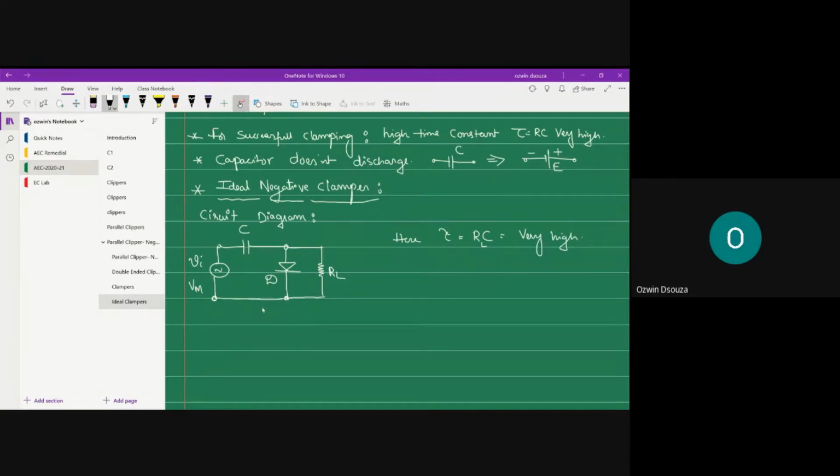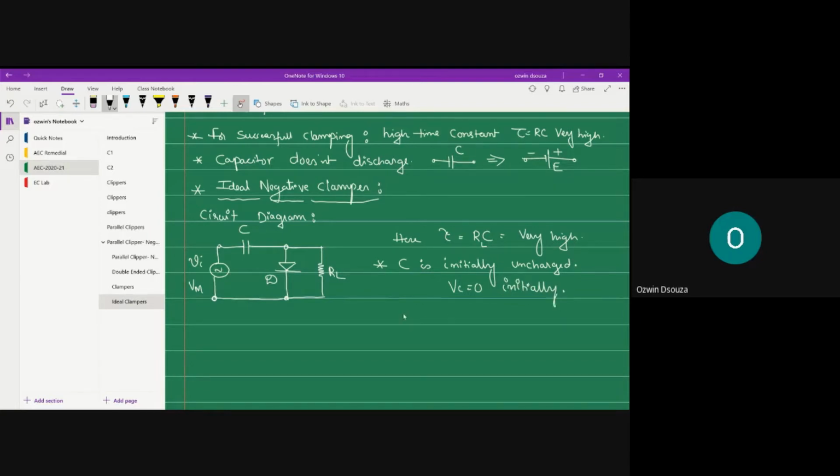Which is very high. And before jumping into the analysis part, we are assuming that C is initially uncharged. That means to say VC, that is voltage across the capacitor, is 0 initially.